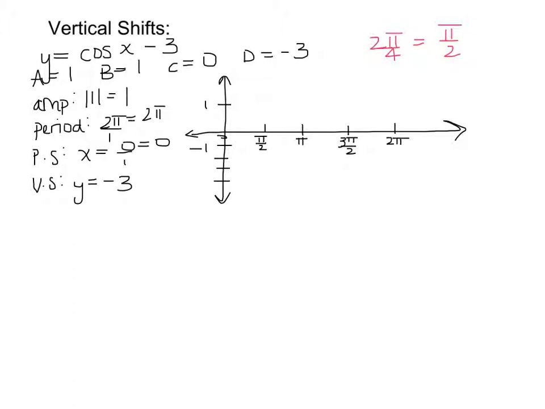Now, when we start the cosine, remember we would start at our max, 0, min, 0, and back at your max. With the vertical shift, that means you move each point down 3. 1, 2, 3.